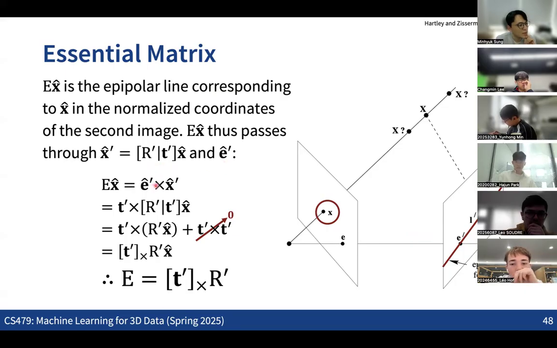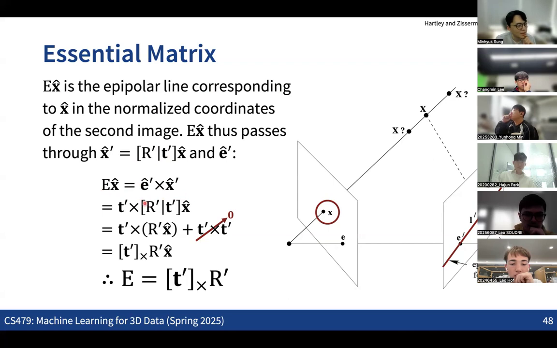So there are two ways to represent the epipolar line for any point in the first image. The epipolar line of a point can be represented by multiplying by the essential matrix, or by taking the cross product of the epipole and the projection of the point. These two should be the same.